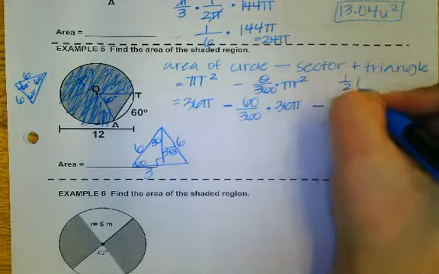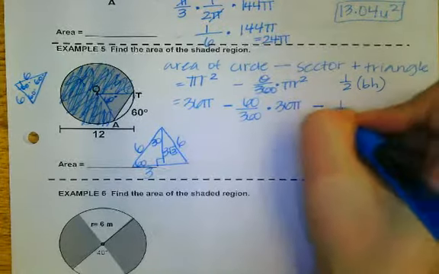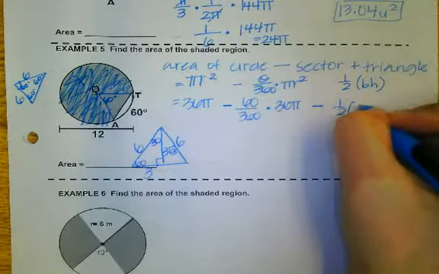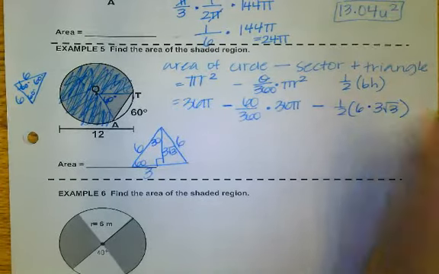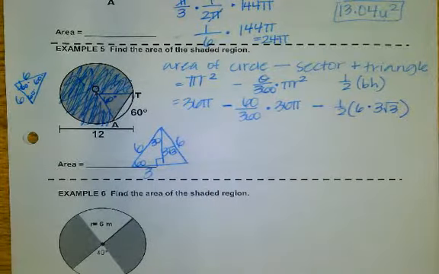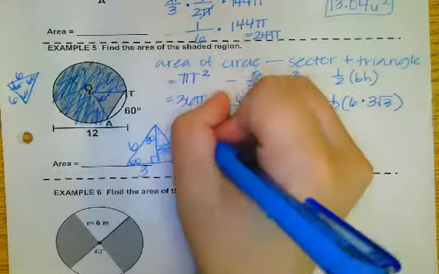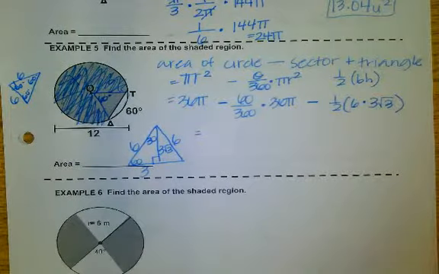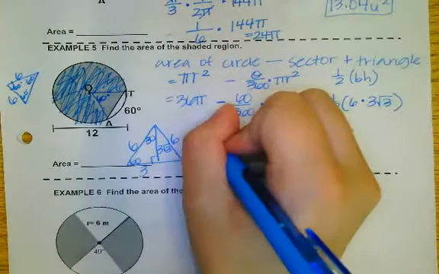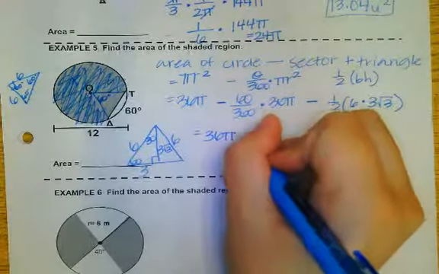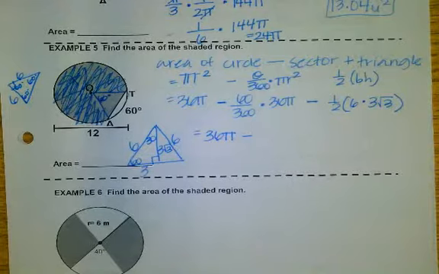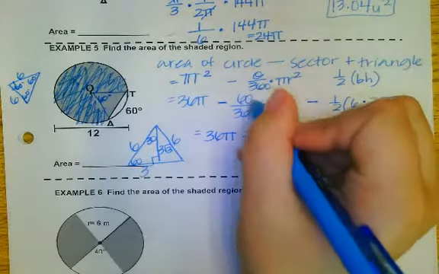Okay, so let's go through and put everything in exact value, in terms of pi and radicals. So 36 pi minus, what is my area of my sector? 6 pi minus, leave that in a radical, what do you get? 9 radical 3.